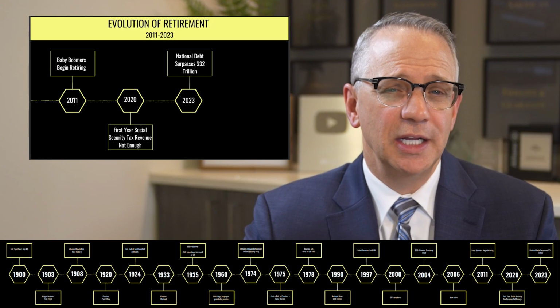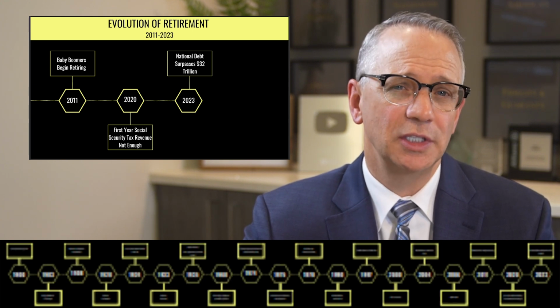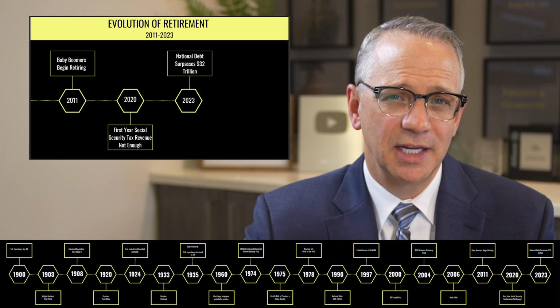In 2023, our national debt has ballooned to $32 trillion. It's unprecedented. In the history of the world, there's never been a time where any country has had that much debt. And so it's public debt, and the way that debt gets paid is through the public, right? It's through taxes.